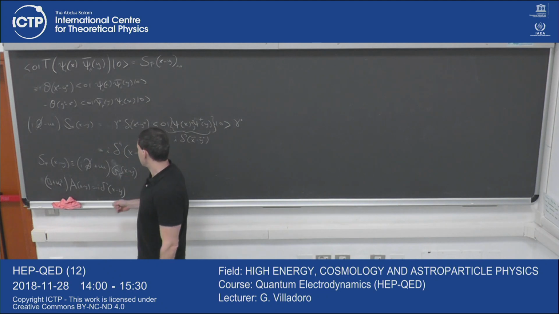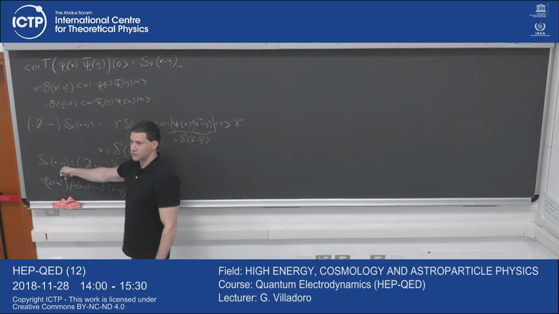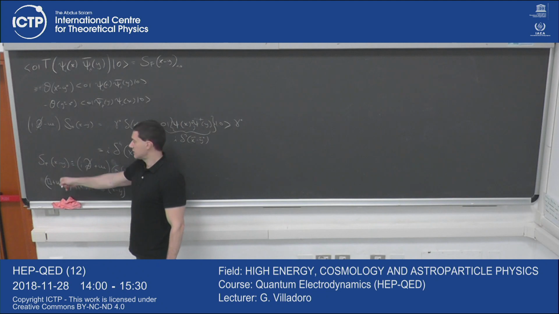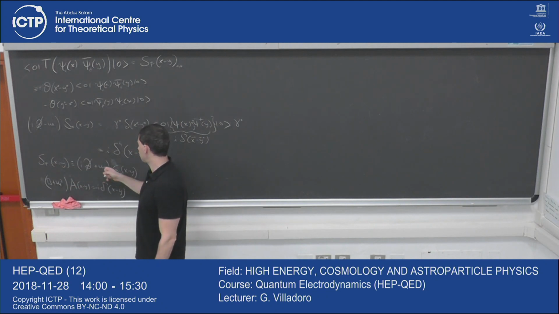So we're done, because the propagator for the fermion, the 2-point function, is just i the slash plus m times the propagator of the scalar, which we already computed.